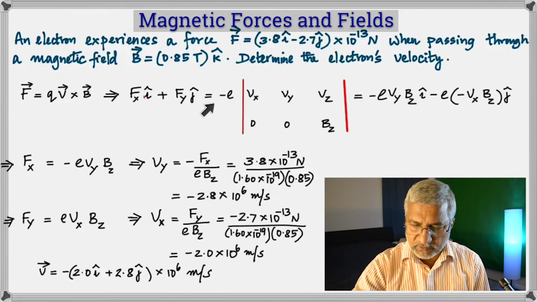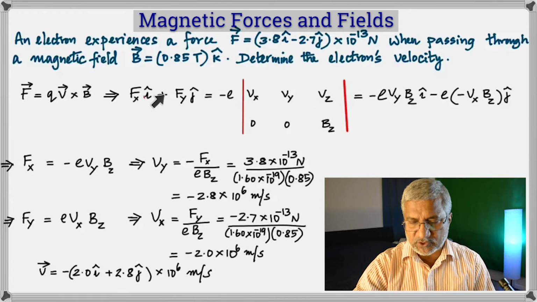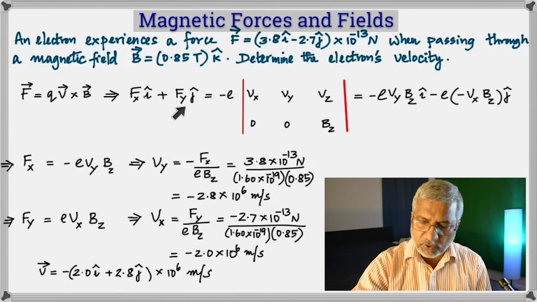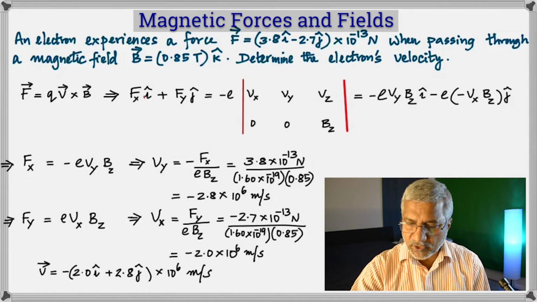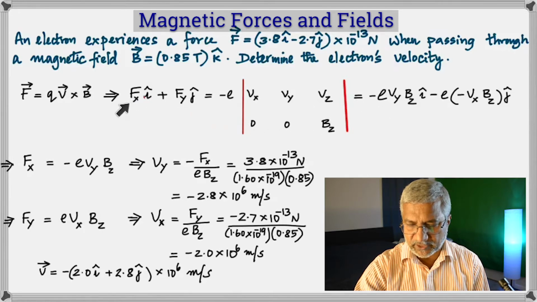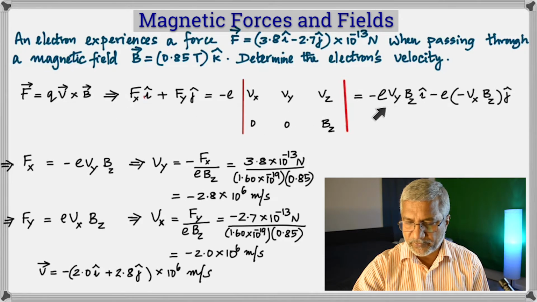And then that leads us to, the coefficients of I on both sides must be equal. So the coefficient of I here is all this, and the coefficient here is Fx. So we put them equal to each other. So Fx becomes equal to all of this. Okay?